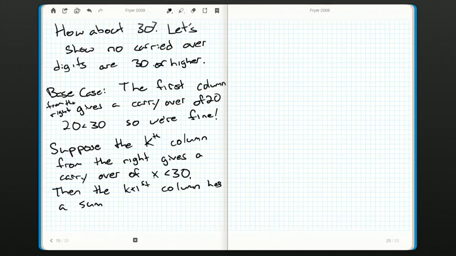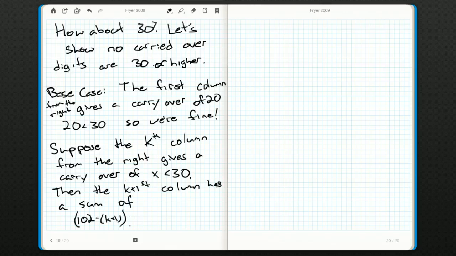That'll give us a carryover of less than 30. Well, how many 2's are there? Well, in the first column, there were 101 2's. In the second column from the right, there were 100 2's. So there's going to be 102 minus k plus 1.